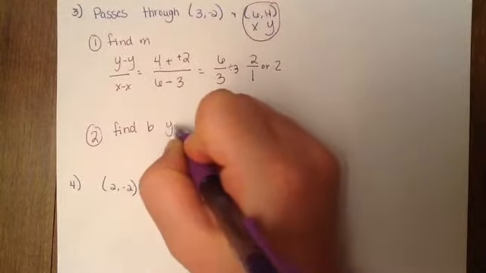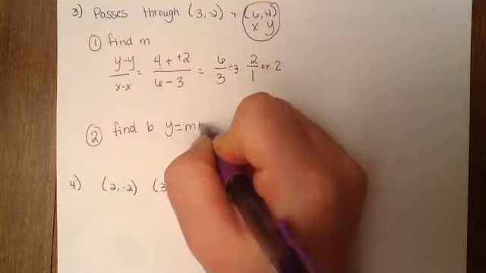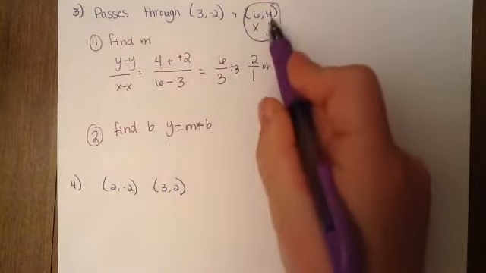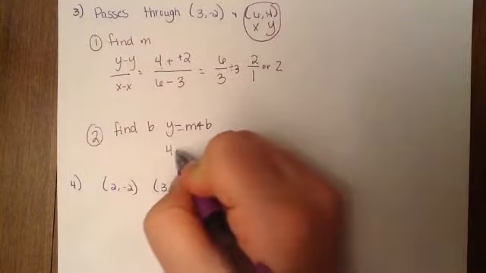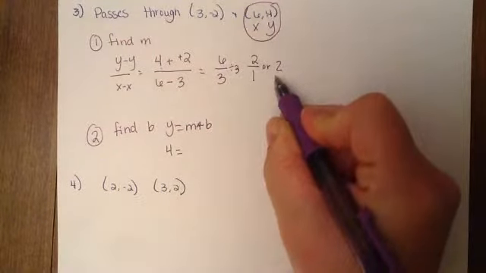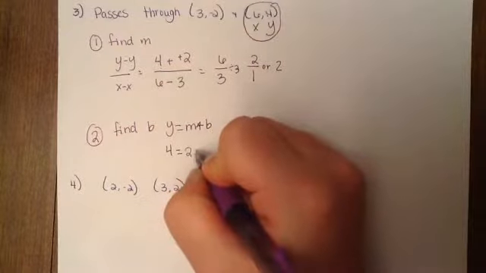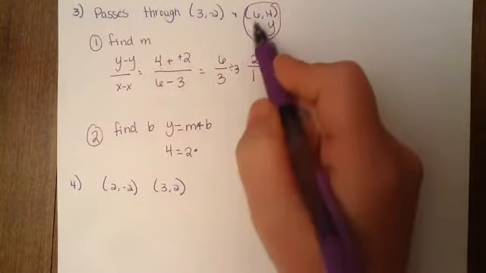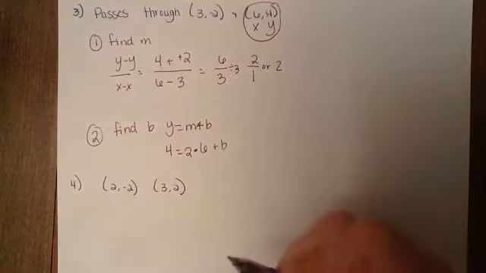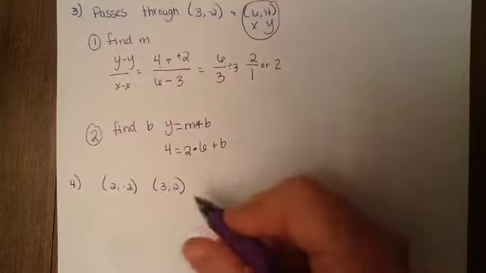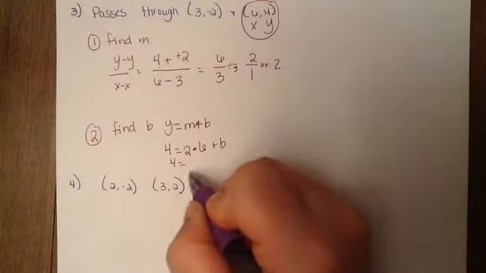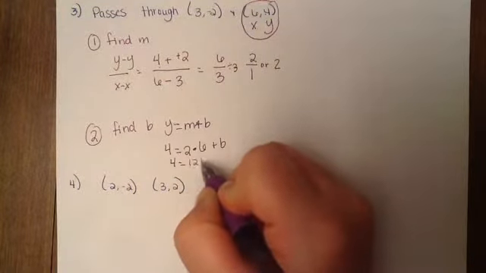So if I plug things in, y is going to be 4. M, we just found to be 2, times x, 6, plus b. Solve for b. 4 equals 12 plus b.